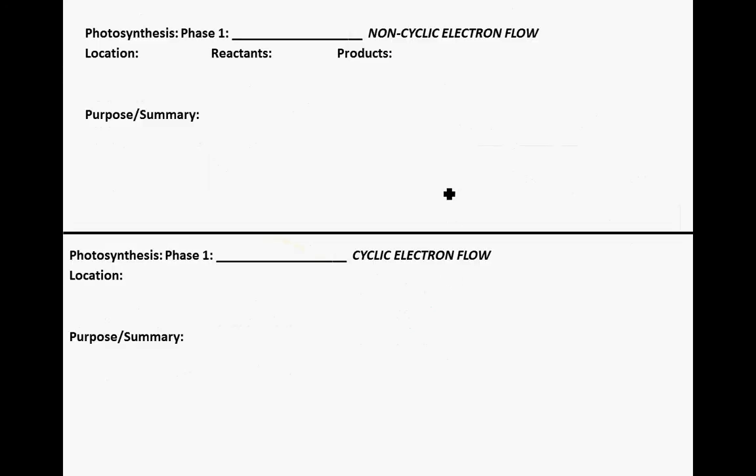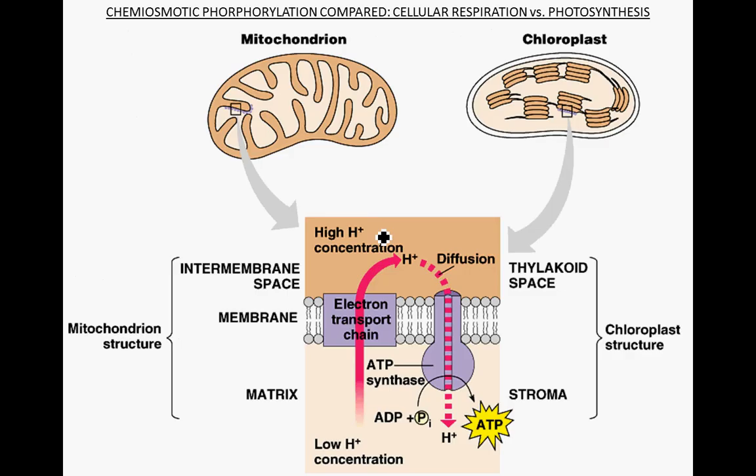So here's an opportunity to review non-cyclic and cyclic electron flow. And finally, comparing and contrasting electron transport chain oxidative phosphorylation and what's going on in the light-dependent reactions. So I'll ask you to do this in class as well. Take a look at this diagram and be able to write a description of what's going on, again comparing and contrasting similarities and differences between the two.